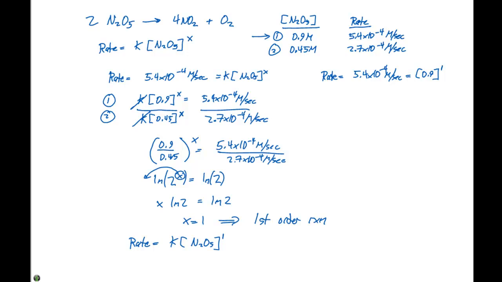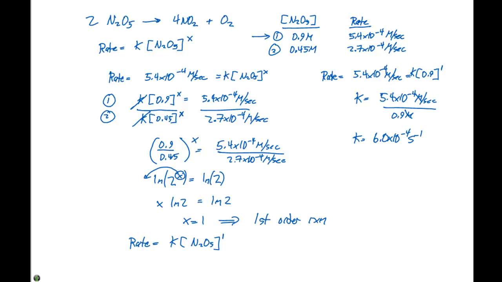Sorry, it would be k times 0.9 to the first power. So when we go to calculate this, k is going to be equal to 5.4 times 10 to the minus 4 molar per second divided by our concentration, which is 0.9 molar. Here the molar units cancel out, and our k is going to be equal to 6.0 times 10 to the minus 4 seconds to the minus 1.